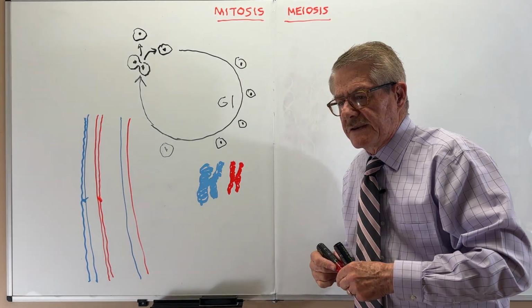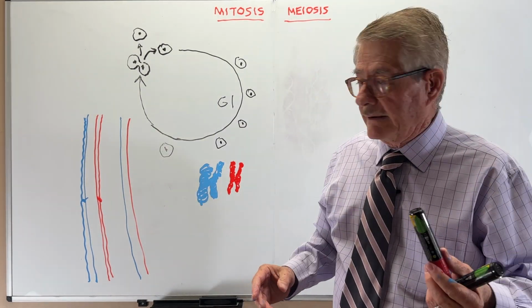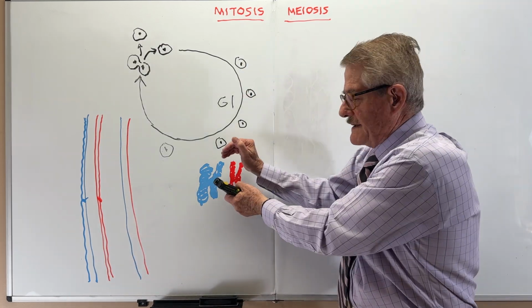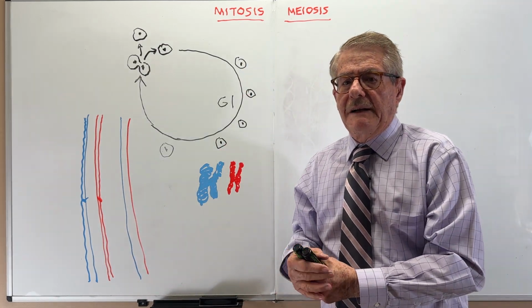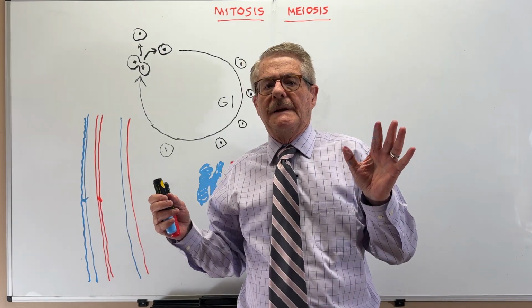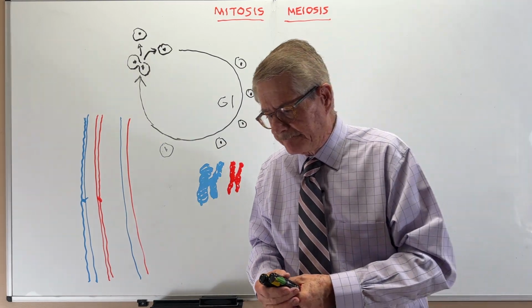So the two conditions for mitosis are now here. We have a duplication of the DNA, and we have a packaging of the genetic material so that it will be sorted out well between the two daughter cells.